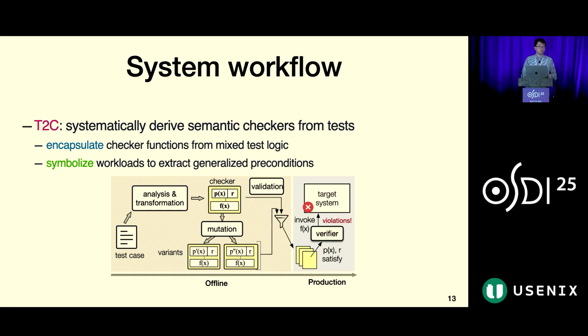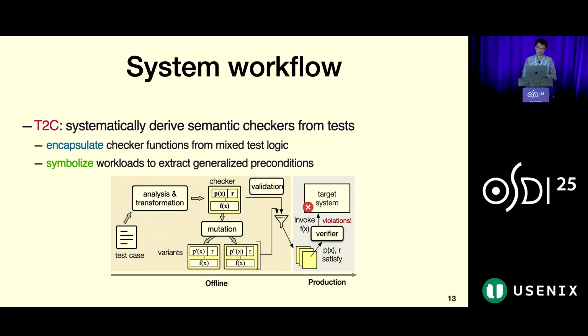Based on these findings, we designed a tool, T2C, to automate the checker construction. For a given system, T2C leverages a combination of static and dynamic analysis to transform existing test code into reusable semantic checkers. It mutates each checker into more variants, so it covers a broader range of cases.